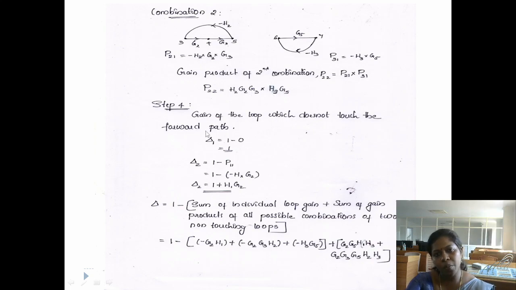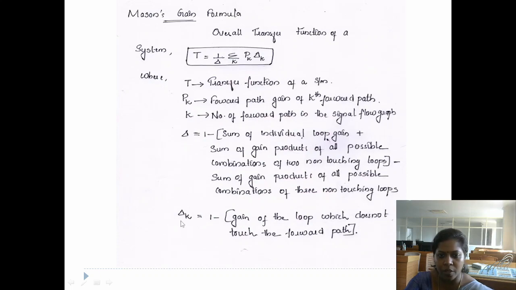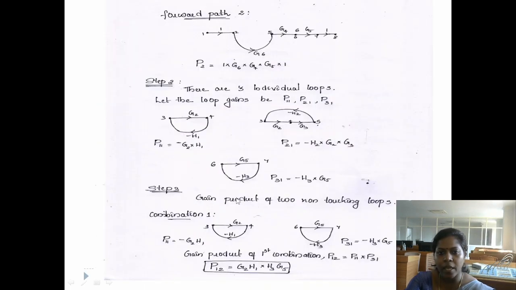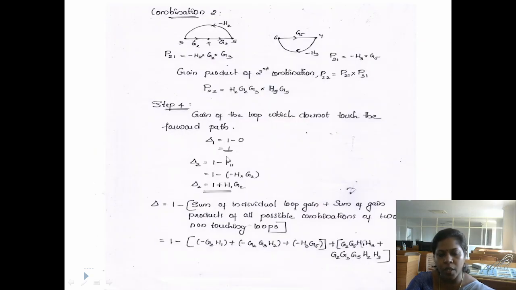Now step number 4 is to find the delta 1 and delta 2 values. We know the formula for delta k. If we are finding for forward path 1, then it is delta 1. So delta 1 is equal to 1 minus the gain of the loops which do not touch forward path 1.